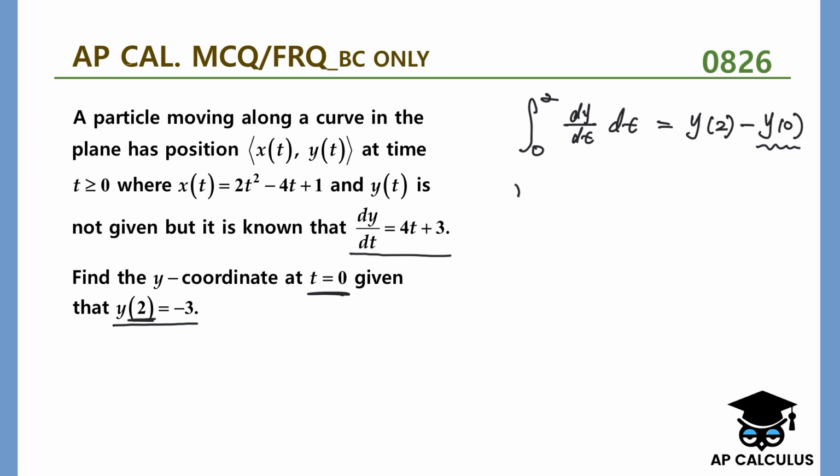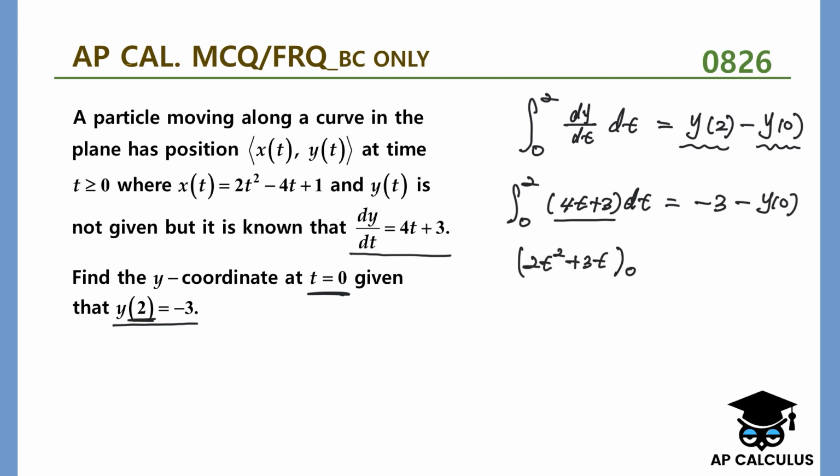So the definite integral from 0 to 2 of (4t + 3) dt is equal to y(2) = −3 minus y(0). If we find the antiderivative of 4t + 3, that's 2t² + 3t from 0 to 2. So let's find this value right here.